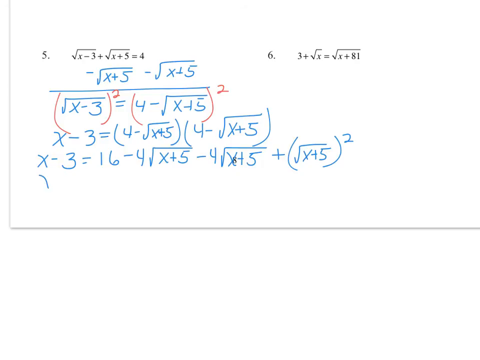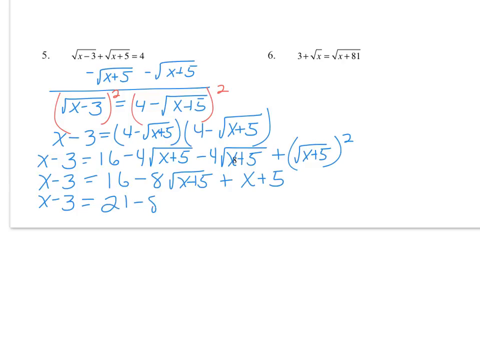All right, bring down the x minus 3. 16 comes down. These guys are like terms, so I get a negative 8 radical x plus 5. Squaring and square root cancel each other out, so I get plus just plain old x plus 5. All right, bring down the x minus 3. I can combine like terms and put 16 with 5 and get 21 minus 8 radical x plus 5 plus x.